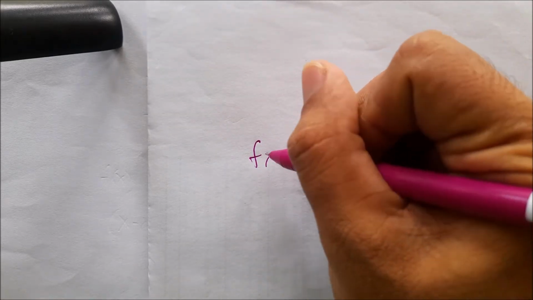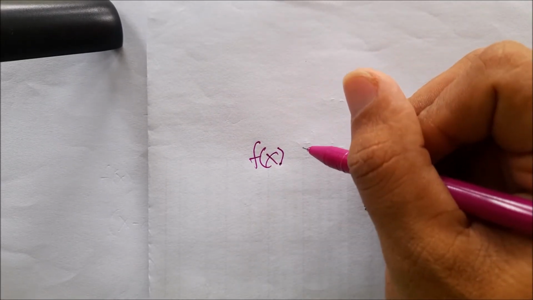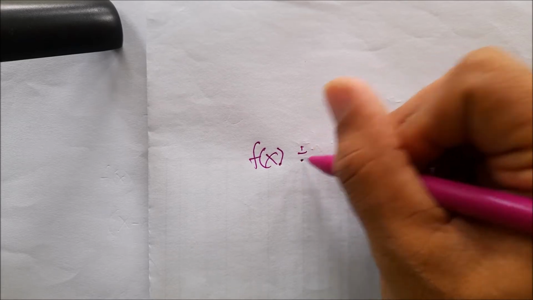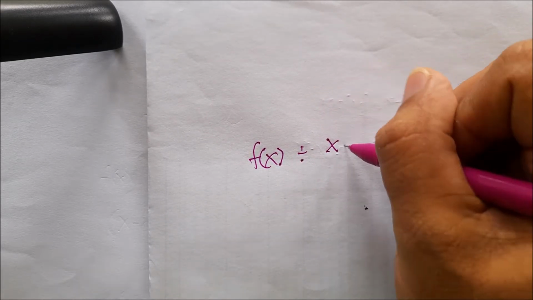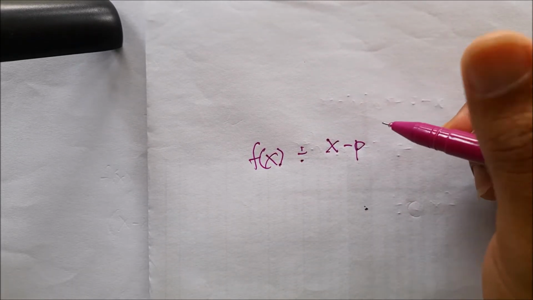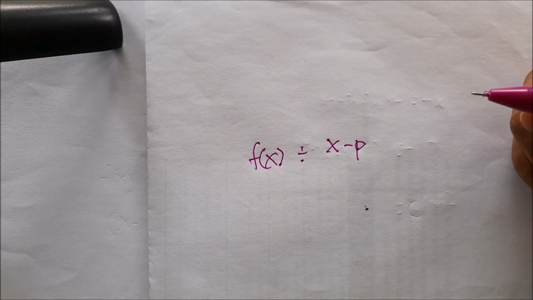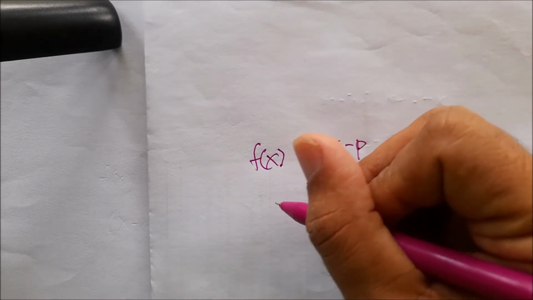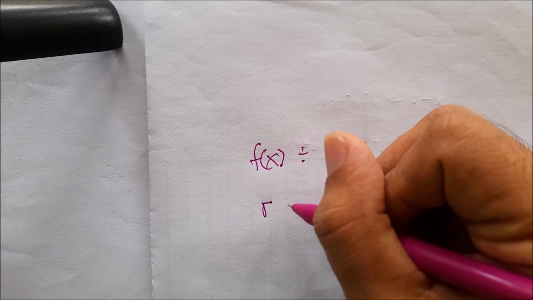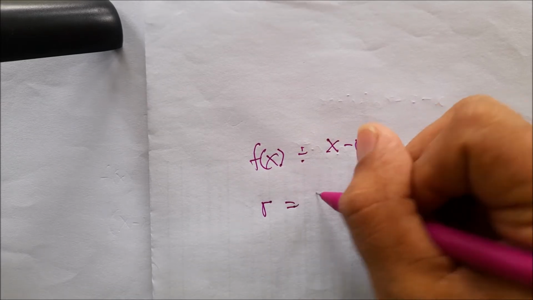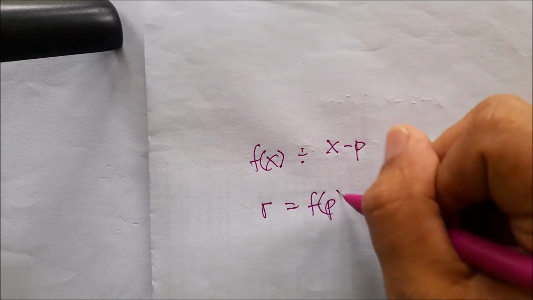In the remainder theorem, if the polynomial f of x is divided by x minus p, the remainder is equal to f of p.